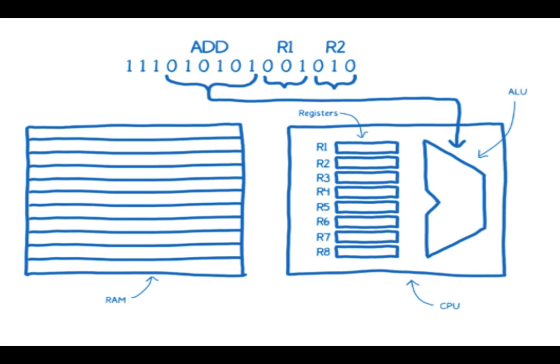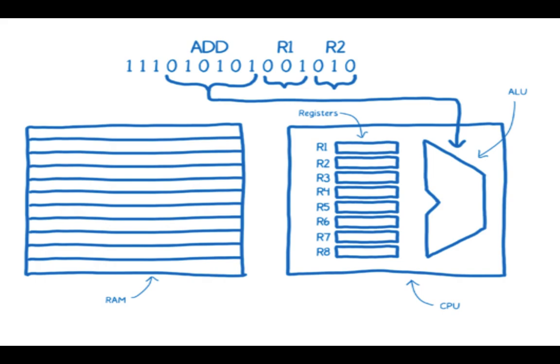Whatever translation is received by the machine is perceived differently according to the architecture of the machine.